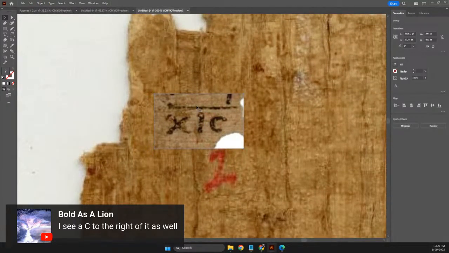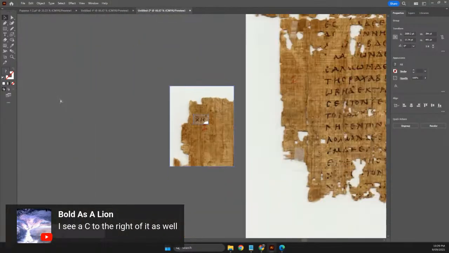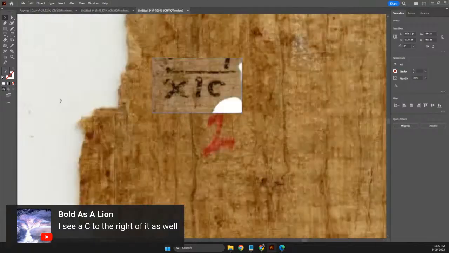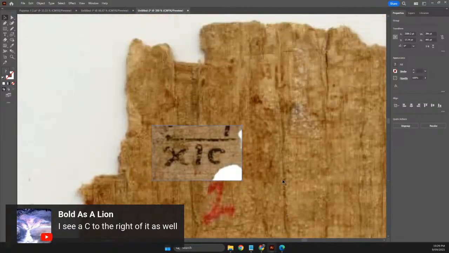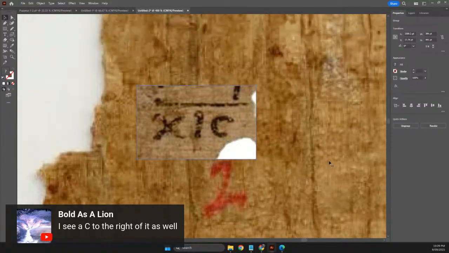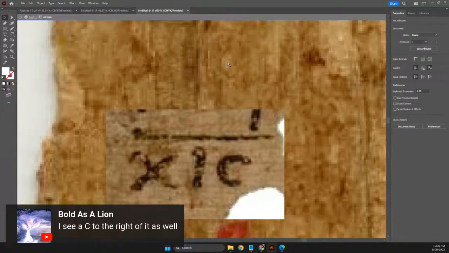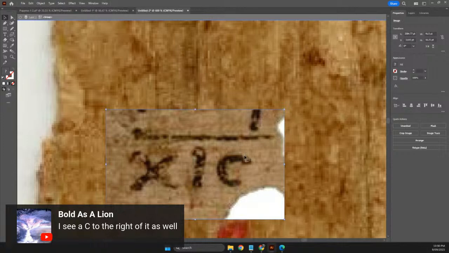Okay, so they're grouped together. I'll zoom out a little bit. I might ungroup them.